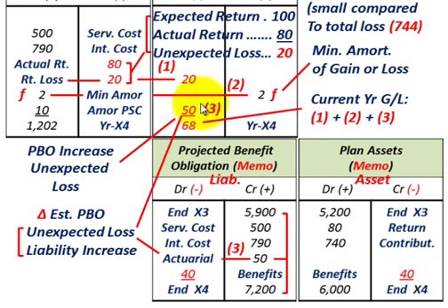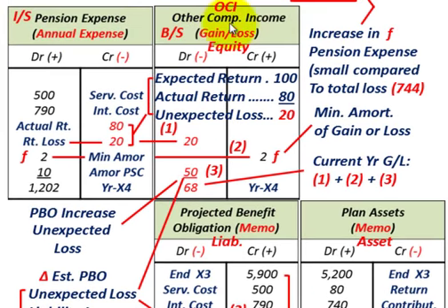But what we want to look at, remember we went over these three different gains and losses and the different possibilities. What you want to do with this other comprehensive income, for any gains or losses as equity, is net out your debits with your credits to come up with the current year gain or loss. So they can balance each other out. Maybe my numbers aren't exactly correct, but I'm just using an example for your debits and credits to understand what's going on.